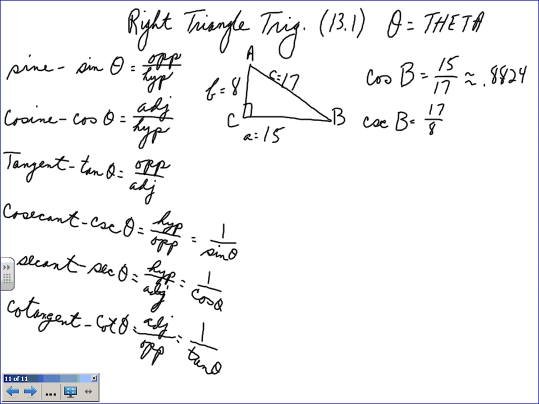Yeah, my writing's not always the greatest. Yeah, CSC.